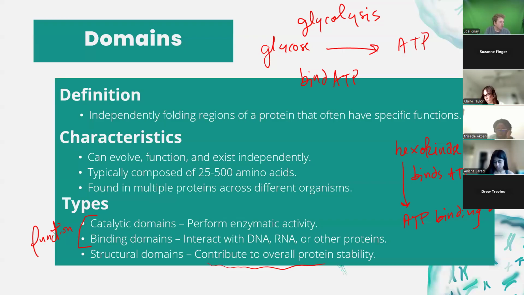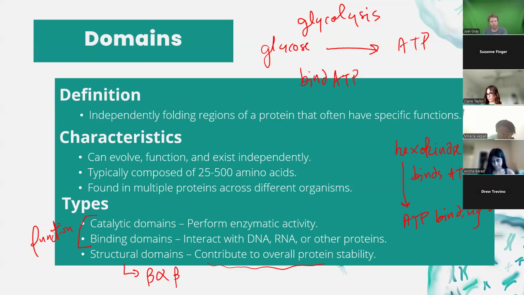And a structural domain could be something like, well, there's a beta strand followed by an alpha helix followed by a beta strand or a beta sheet, beta alpha beta. You might have something like that as a structural domain within a protein. Now, that is a pretty common thing for proteins.